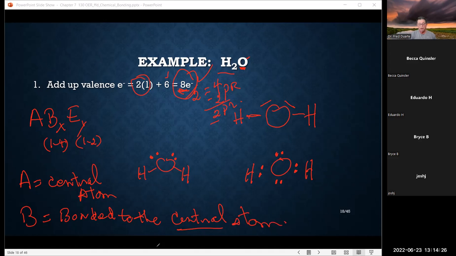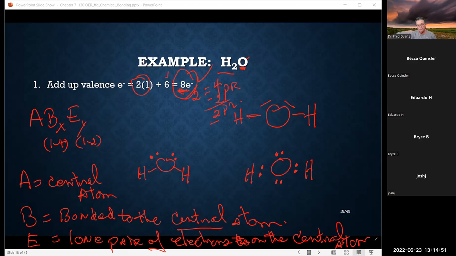And E represents what are called lone pair of electrons on the central atom. We're only concerned about the central atom.